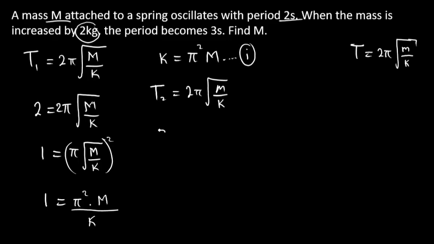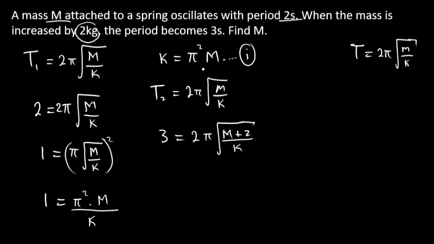So period 2 is 3. This is equal to 2 pi. Now for the mass, let's just say the mass is m plus 2, because it increased by 2. All this is over k, like that. We are finding the value of m.